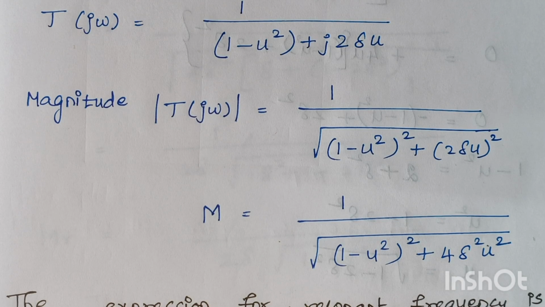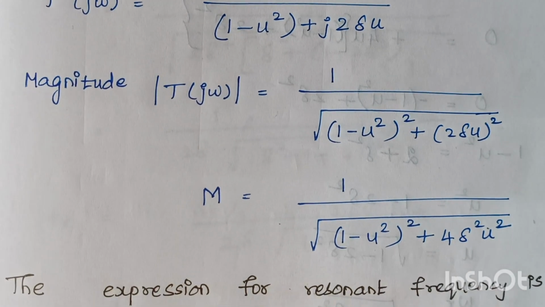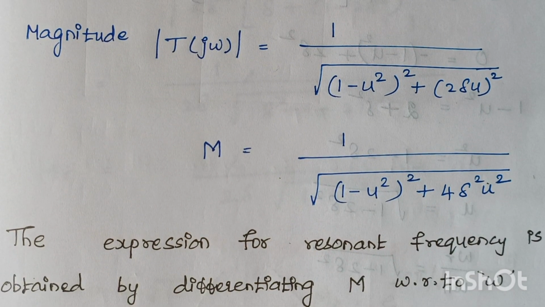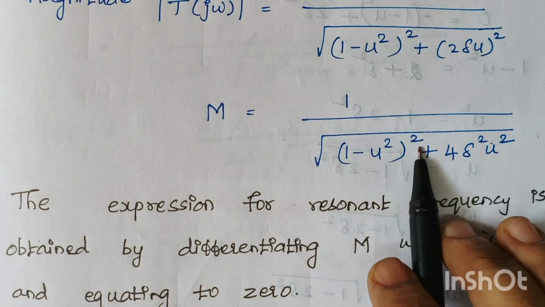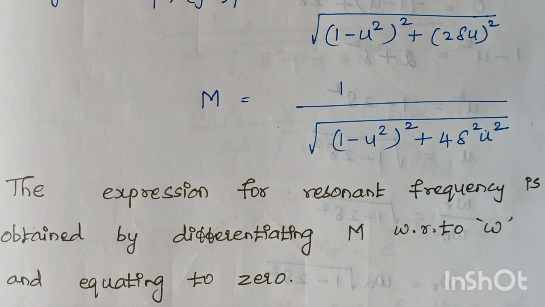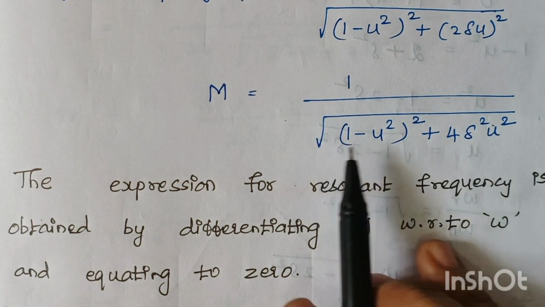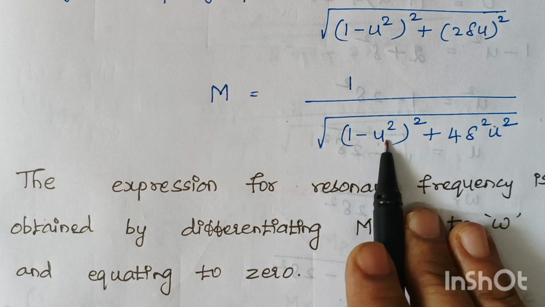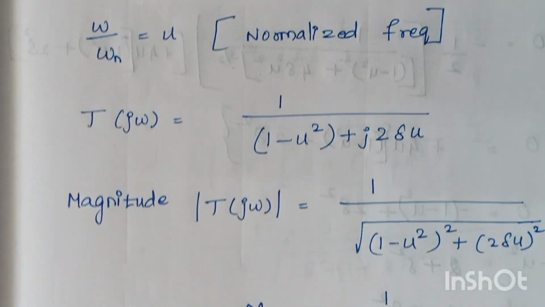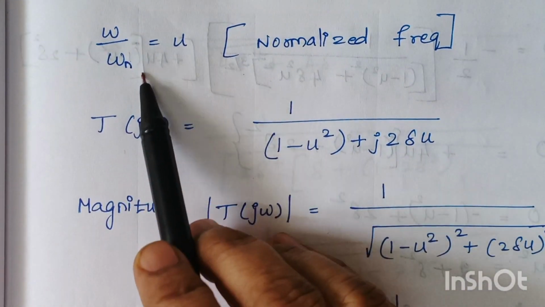The next step is to calculate the resonant frequency. How do we calculate it? We have to differentiate this expression with respect to u, because u also stands for frequency. u is nothing but omega by omega n.